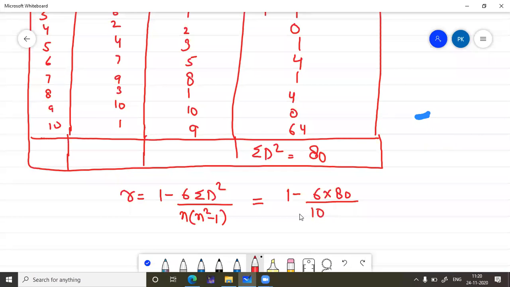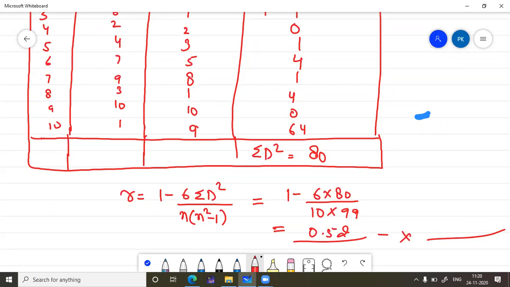N is 10 and n square minus 1 is 99. So you will get after evaluating 0.52. So this is the rank correlation between the data. Clear?